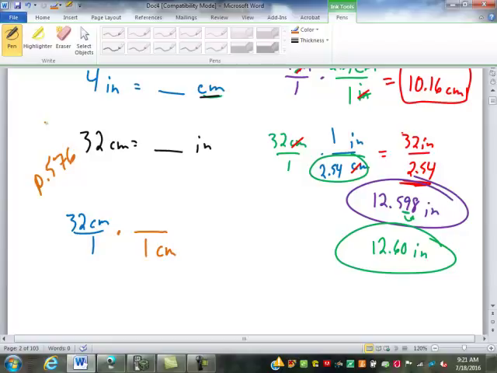The right side is labeled metric to US. We are going from metric to US here, so we'd be using that right side, metric to US. And we see there 1 centimeter is listed as being 0.394 inches.